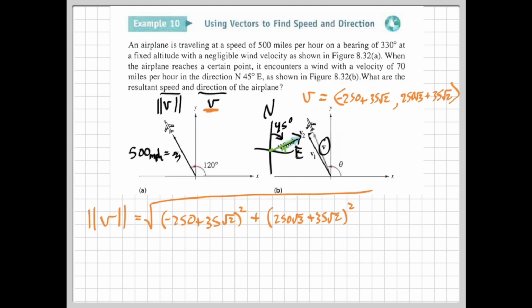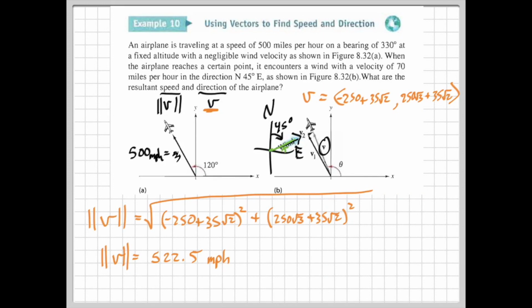So let's throw it all into a calculator. After I throw it into the calculator, I get an answer of 522.5. Okay, so that's our speed, our miles per hour of the plane right now.